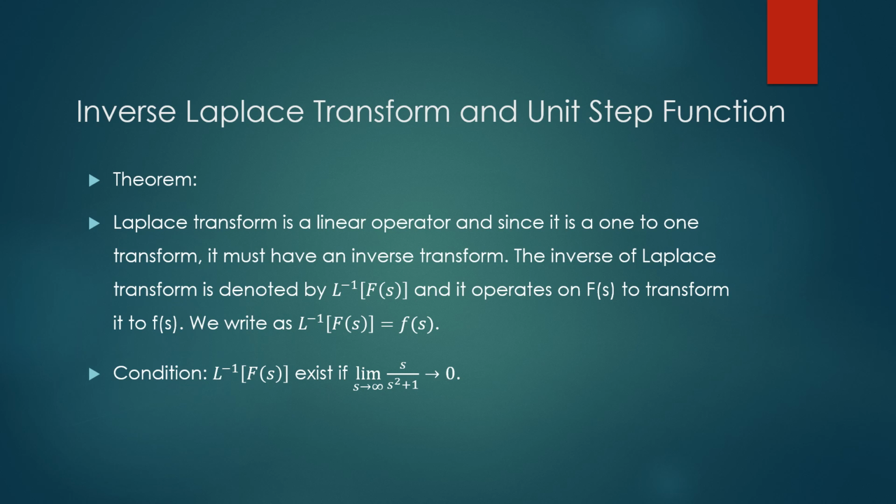We also denote this by the inverse Laplace transform of capital F(s) equals little f(t). And there must also be a condition. The condition is that the inverse Laplace transform exists if the limit as s goes to infinity of s over s squared plus 1 equals 0.